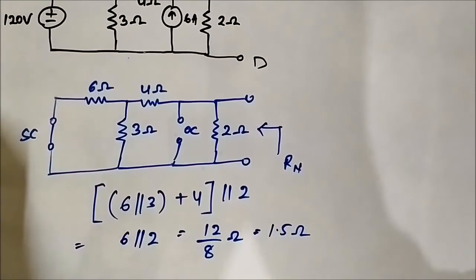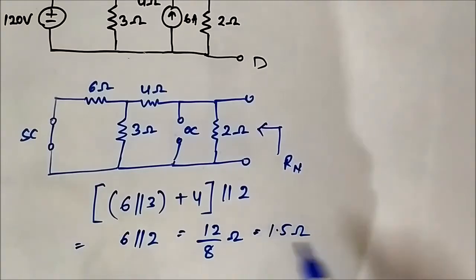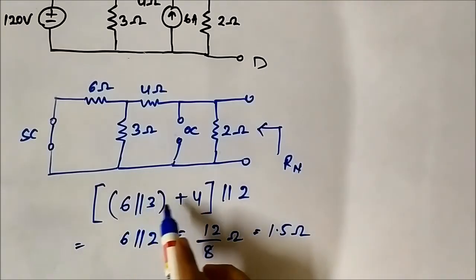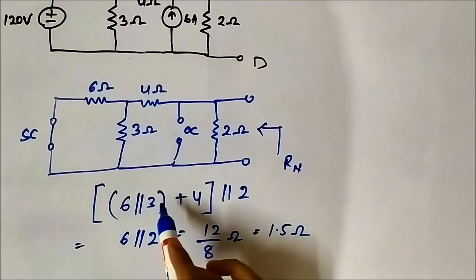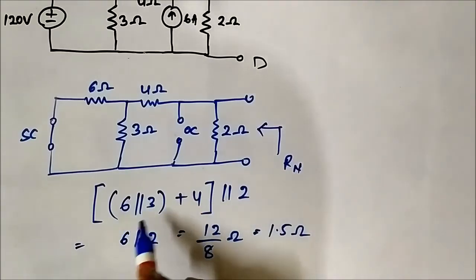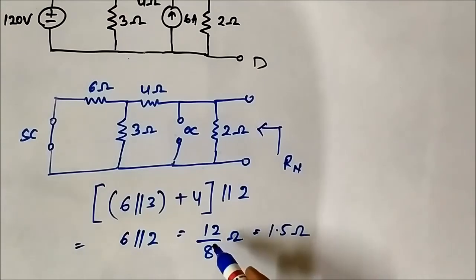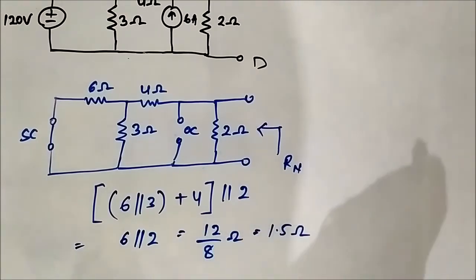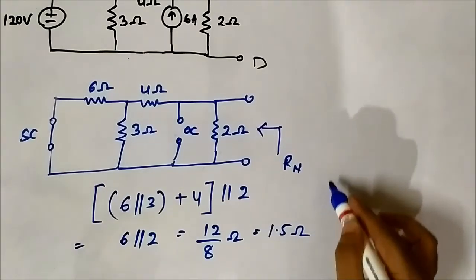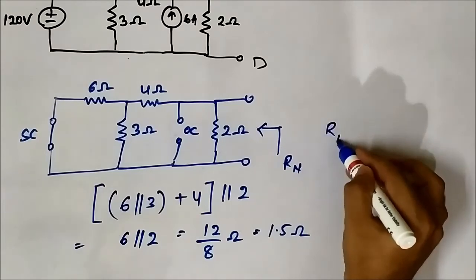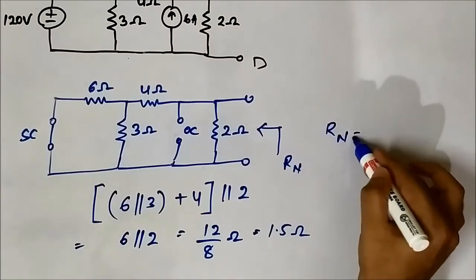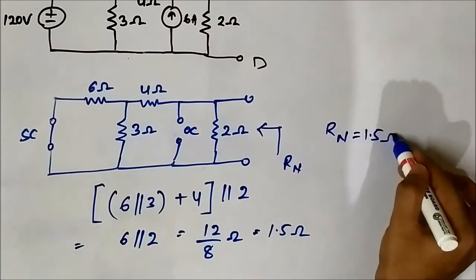So 6 parallel 3 we got 2, 2 plus 4 is 6, then 6 parallel 2 is 6 into 2, 12, by 6 plus 2, 8, which is 12 by 8, which is 1.5 ohm. So the Norton equivalent resistance is RN is equal to 1.5 ohm.